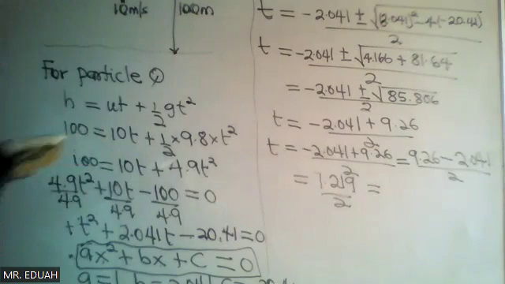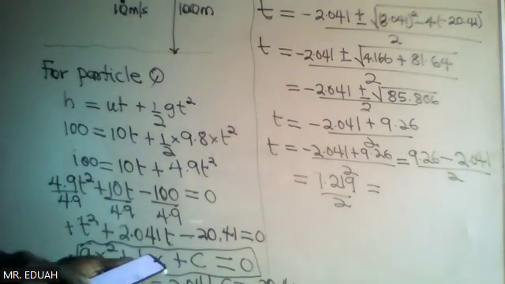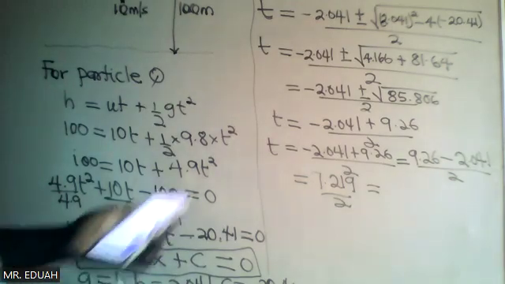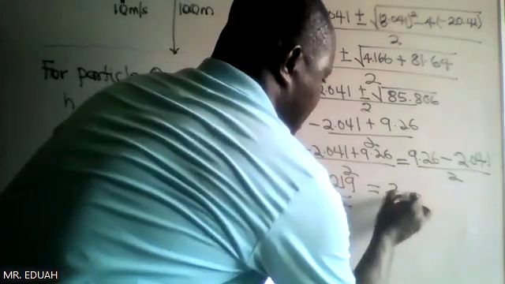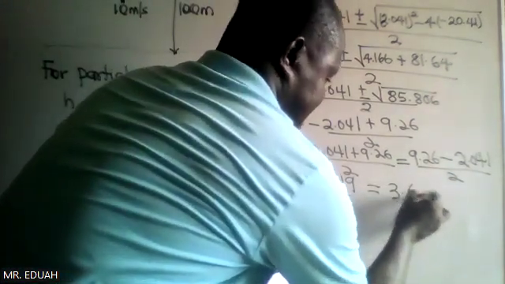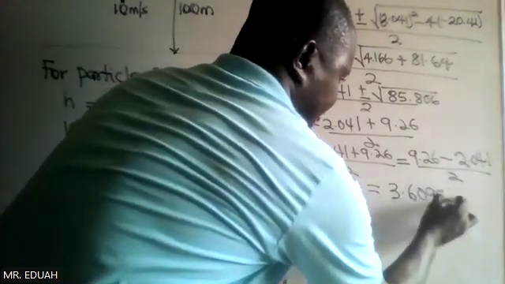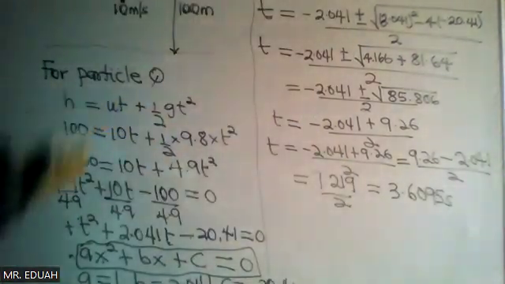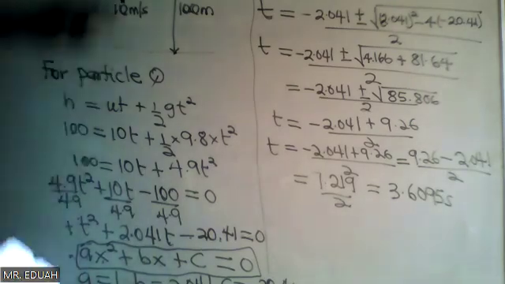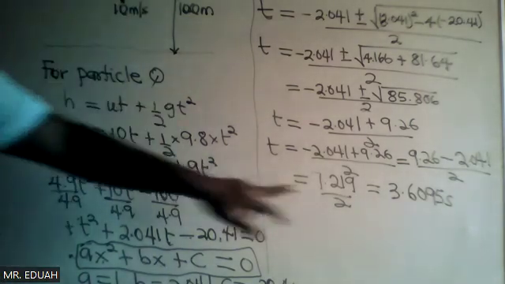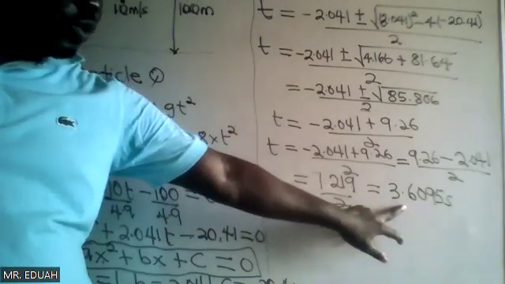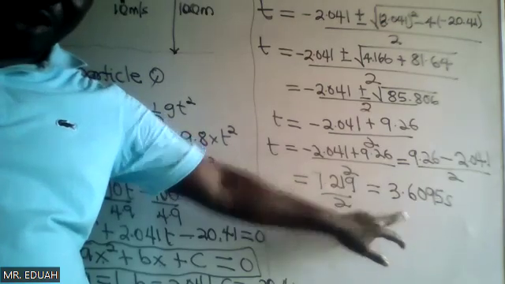When we divide our numerator by 2, we have 3.6095 seconds. What it means is that for Q, it will take this time to land on the ground.